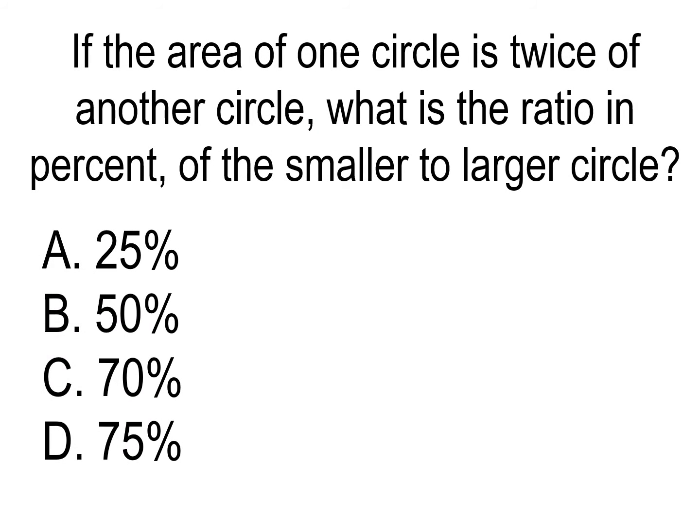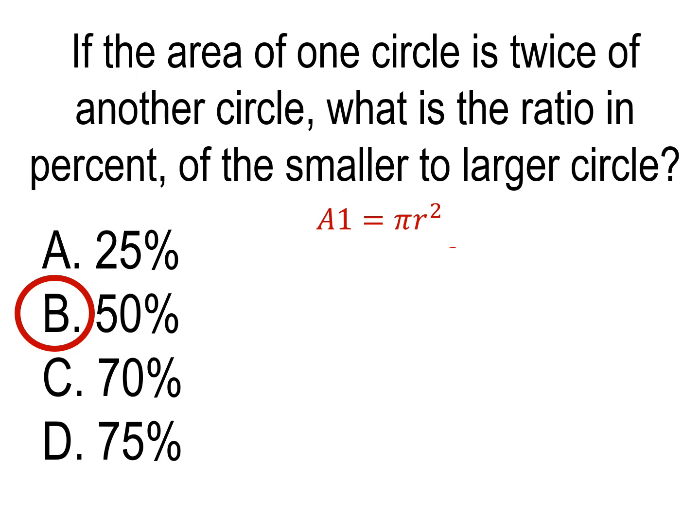Okay, next problem. If the area of one circle is twice of another circle, what is the ratio in percent of the smaller to larger circle? So, answer natin dito is letter B, which is 50%. So, area 1, or meaning the area of the first circle, is pi r squared.